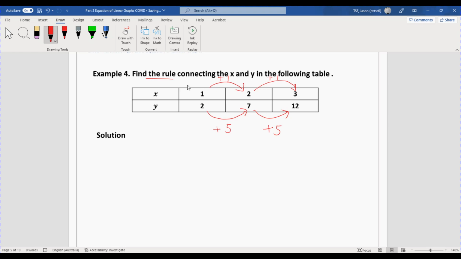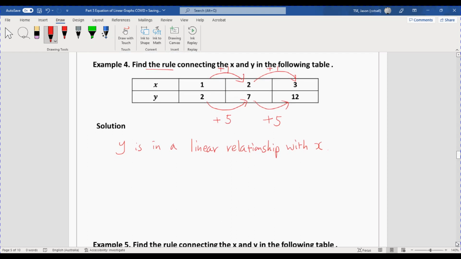So this is a linear relationship. You can say y is in a linear relationship with x. Then what should be the next thing we're going to do? Refer back to the previous example.